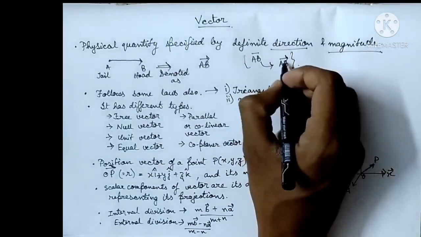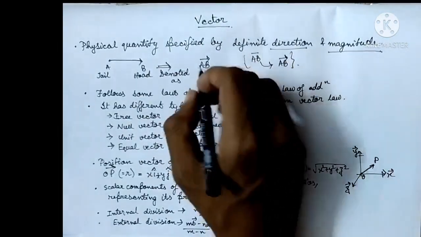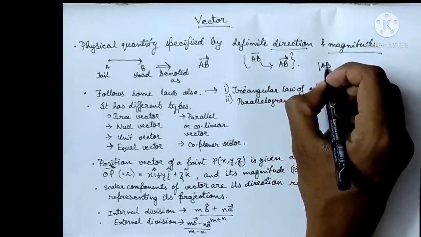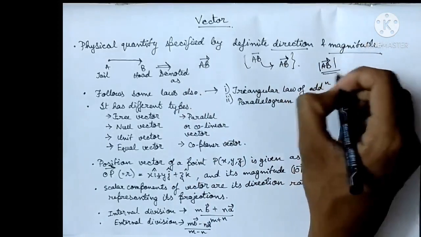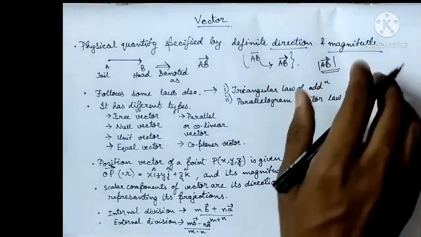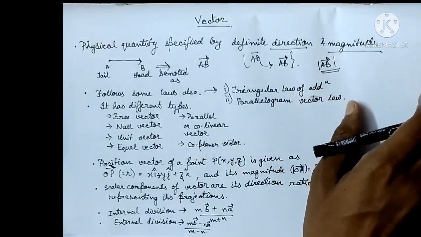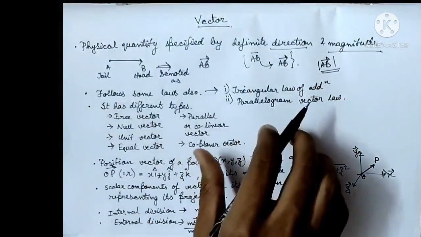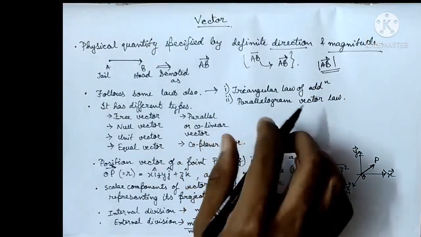Here it has a direction, and the magnitude of any vector is just given by the mod of that vector. By taking the mod we can find the magnitude of that vector.